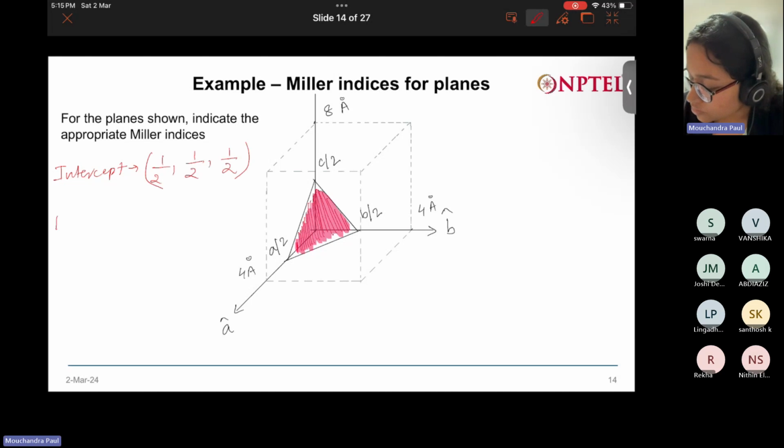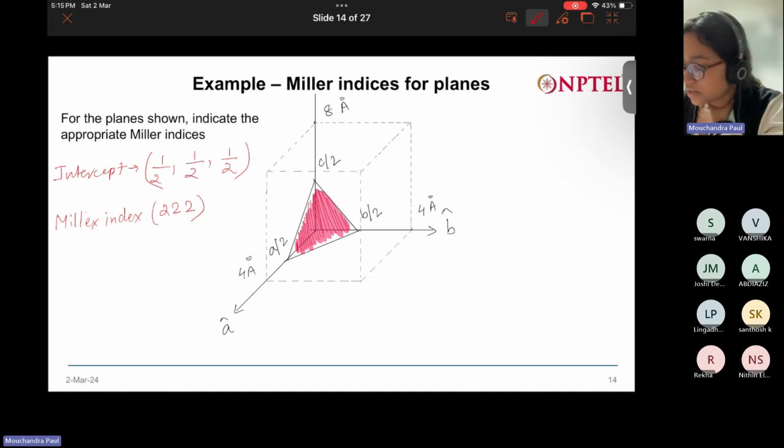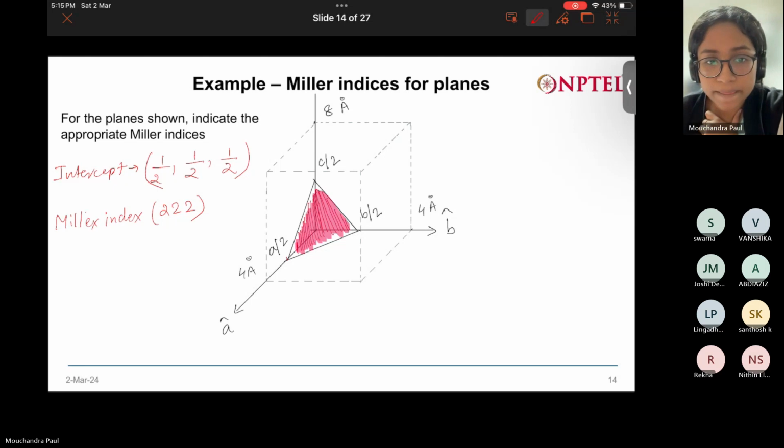And when we take the reciprocal, we'll find the Miller index. So Miller index will become 2, 2, 2. Here it is written like that because it is with respect to A, B, and C. But the intersect point is half, half, half. Understood?